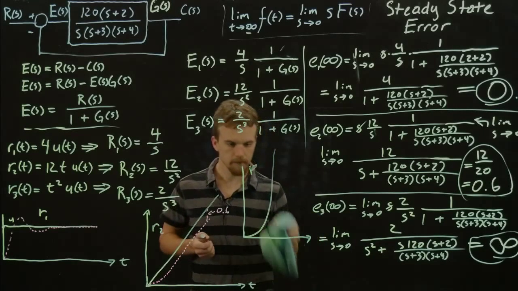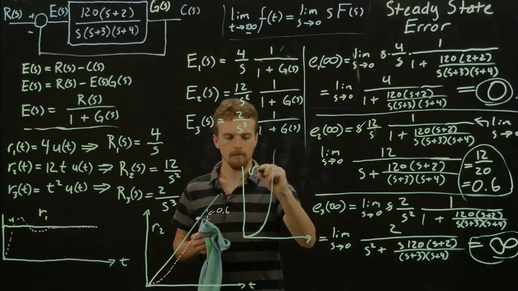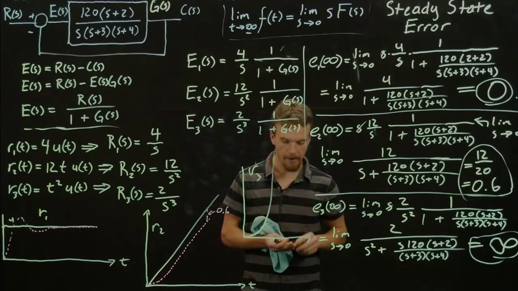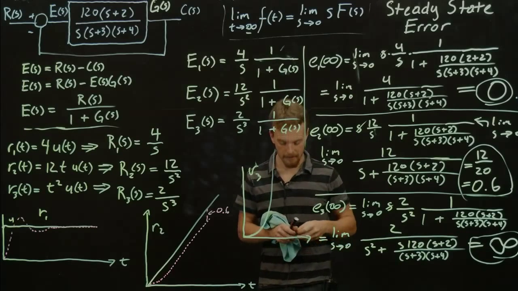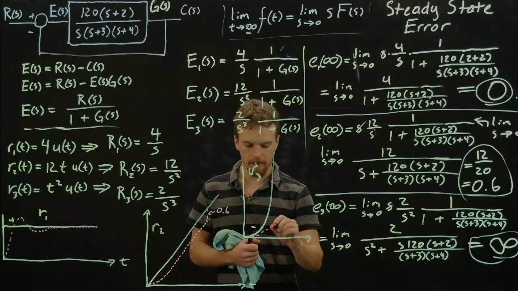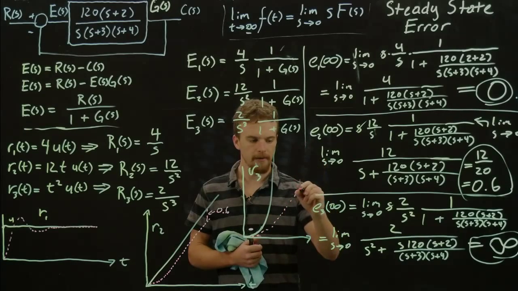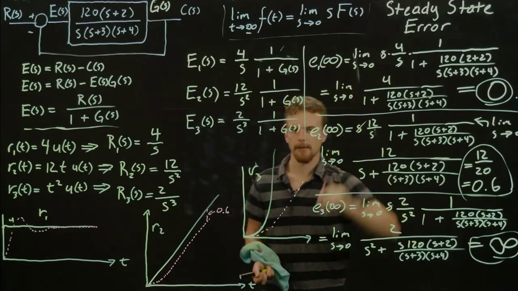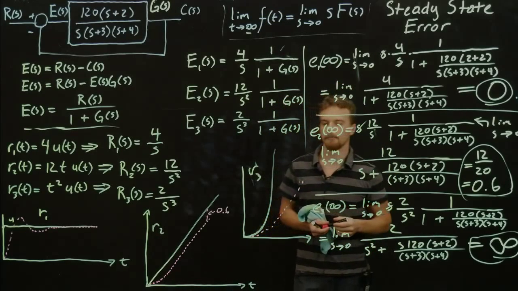And we said that our error tends to infinity, which means that our output would probably not track this very well at all. It would probably head off up here, and as this goes to infinity, the difference between them gets to be too much.